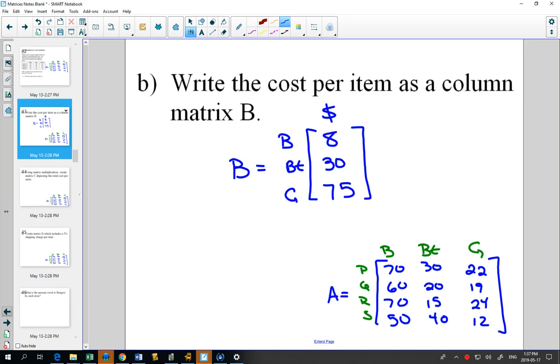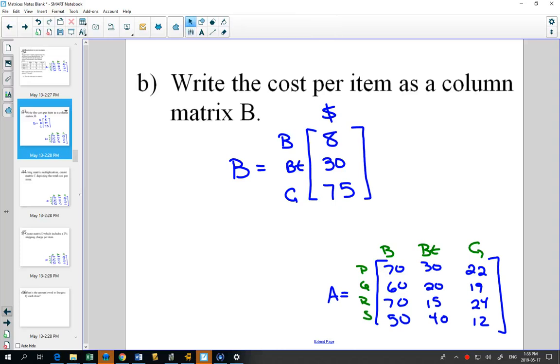And one thing I'm going to point out in my labeling is I kept the order, balls, bats, gloves, the same as the order I had chosen in my other matrix. Balls were first, then bats, then gloves. That's going to be important.